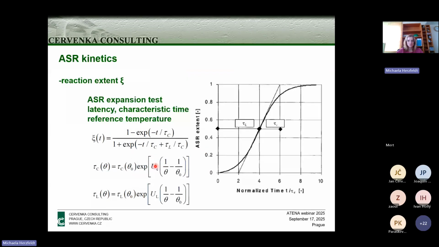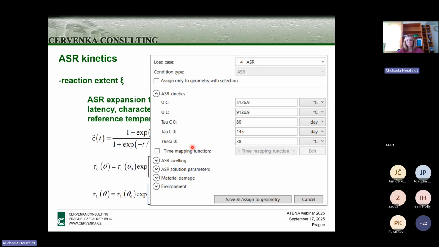There's a button here that relates the parameters, those TC, TL, or tau C, tau L, for different temperatures. You can keep them like this. There is a little range that you can change them in, in case you have measurements for different temperatures, then you can calculate them, of course, as well. Then you have that characteristic and latency time at a certain temperature that is measured.